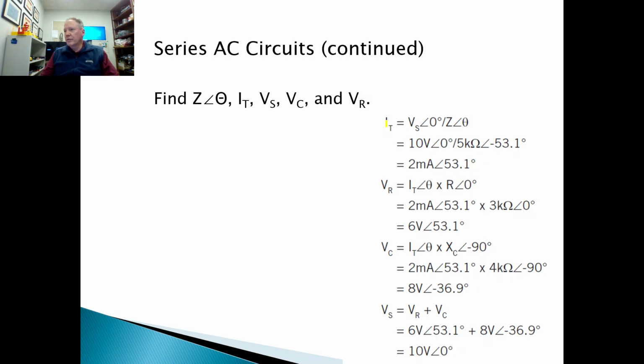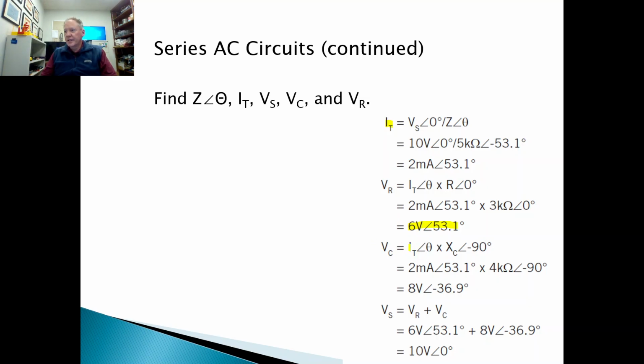So once we know the total current, we can calculate VR just like we do in the series DC circuit, right? VR equals R times the current. So we have IT at an angle of 53.1 times R at an angle of 0, and we get 6 volts at 53.1.